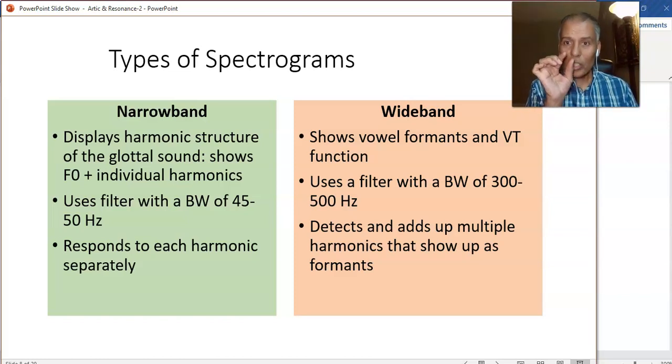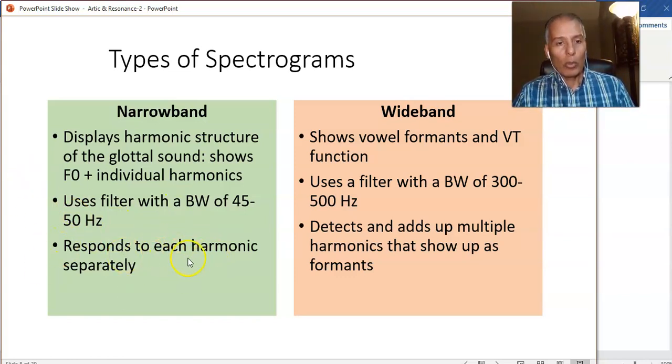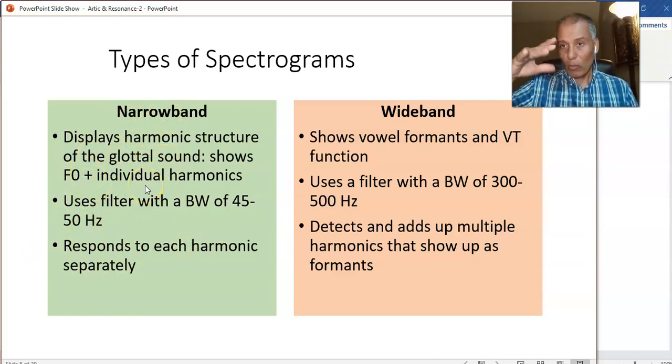So that's very restricted. Of course, the vocal tract doesn't do that, but these are machines that they use so that they can detect the smallest variations between sounds. And so this responds to each individual harmonic, and focuses only on the fundamental frequency and the way that the vocal folds vibrate.